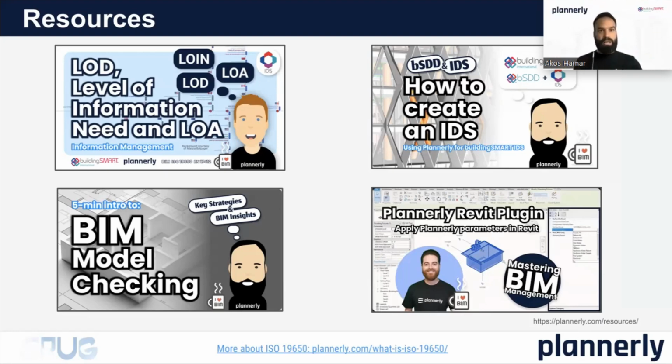LOD 300 is something for one person and something else for another person. So the level of information need concept says that we should get away from these scales and start talking in plain language and communicating our requirements for the purpose, geometrical and information requirements as well, in plain language. Much more about it over here, and yeah, I just recommend to watch it.